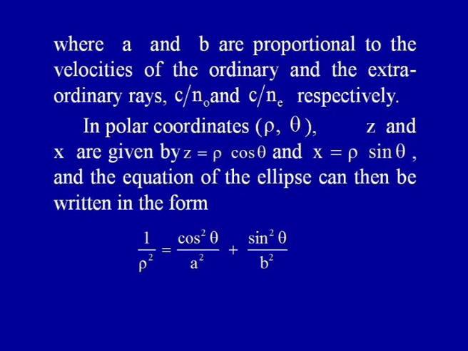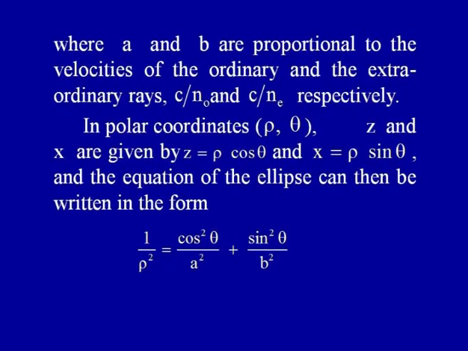In polar coordinates ρ, θ, z and x are given by z = ρ cos θ and x = ρ sin θ, and the equation of the ellipse given above can then be written in the form 1/ρ² = cos²θ/a² + sin²θ/b².